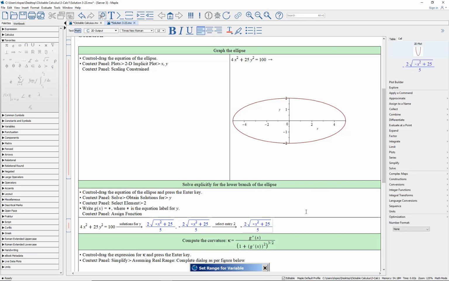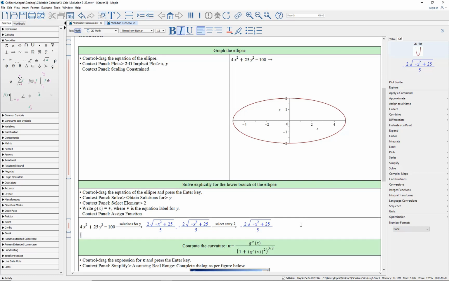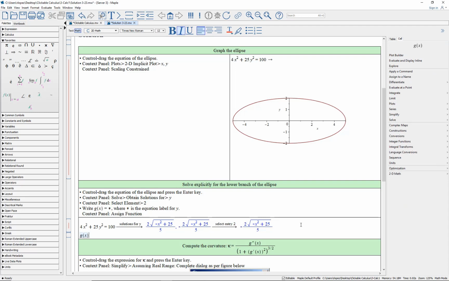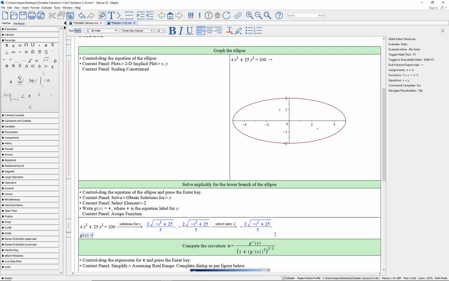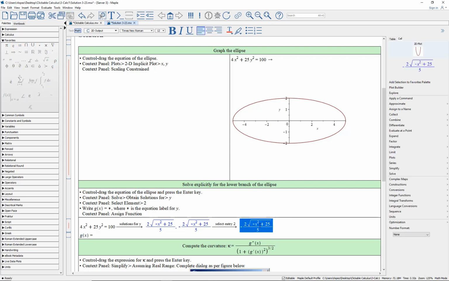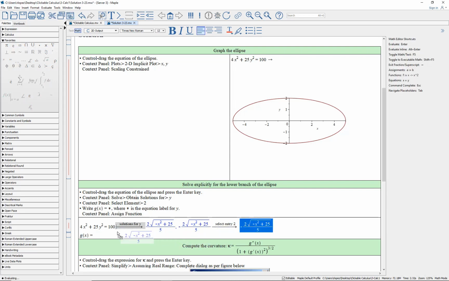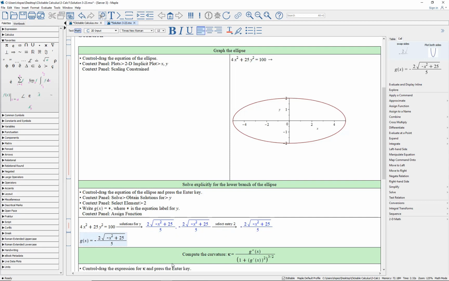It's the second one in that series. So now I want to write g of x equals this stuff. So let me put it here, and make a function.